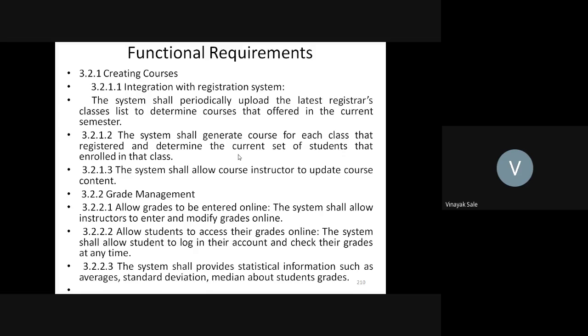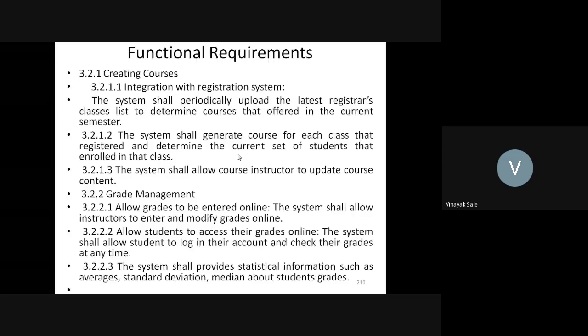The system shall allow the course instructor to update course content. Grade management: allow grades to be entered online. So the system shall allow instructor to enter and modify grades online, and allow students to access their grades online.